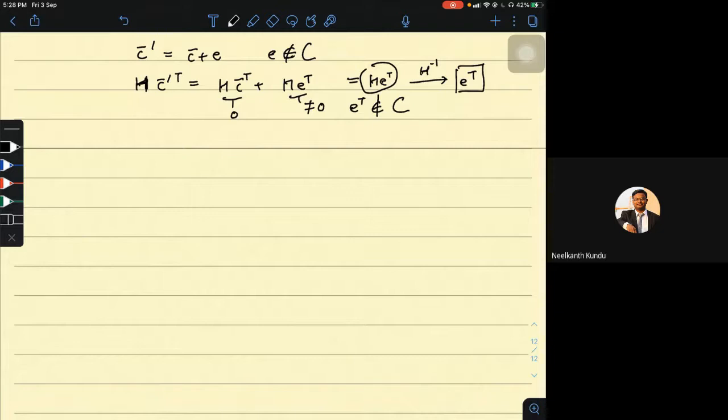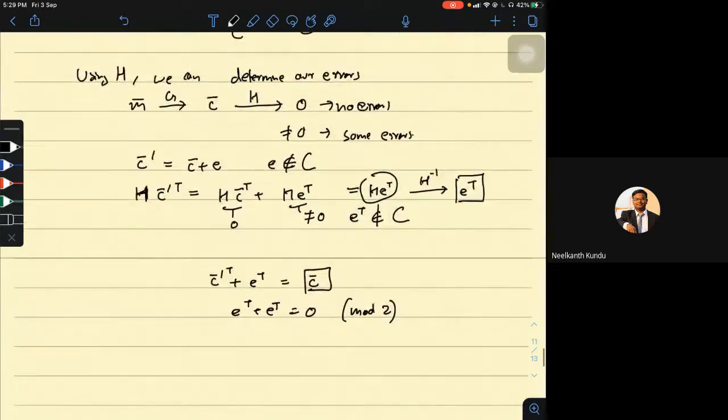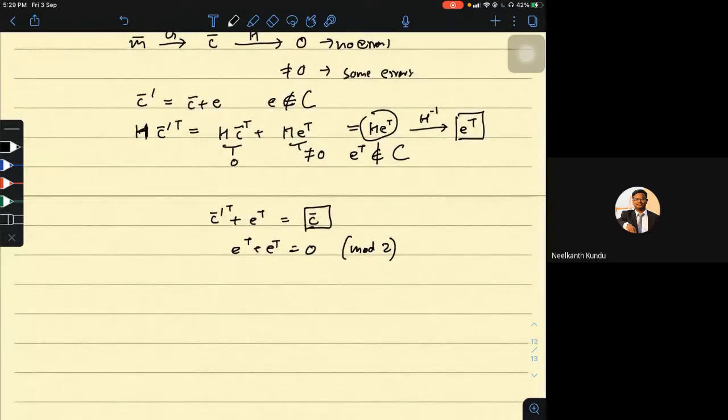Once I determine my error, I can add the error vector to the erroneous code word, and that is basically my code vector, because E plus E is 0 since I'm taking mod 2. So thus, just by using some basic linear algebra, I can determine my error first and then determine the code word.